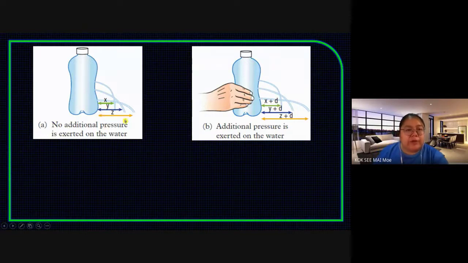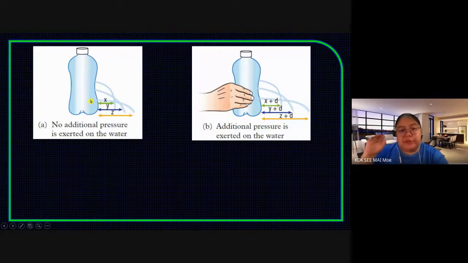So you can find the Z. The Z is the bottom one. The water will spurt further. Why? Because the pressure is the highest. The lowest one means the depth is bigger. Depth, kedalaman. Depth we measure from the top down to the bottom, never from the bottom going up.